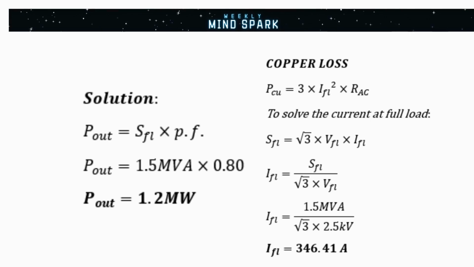SFL is equal to square root of 3 times VFL times IFL. By rearranging the formula, we can solve for IFL. So the new equation is IFL is equal to SFL over square root of 3 times VFL. Substituting the given values, SFL, which is 1.5 megavolt ampere, and VFL, which is 2.5 kilovolts, we get IFL is equal to 346.41 amperes.